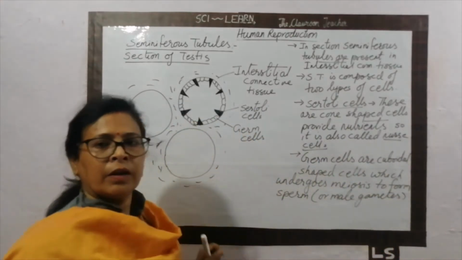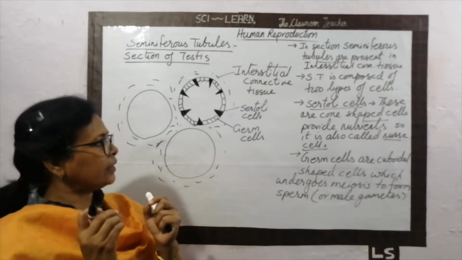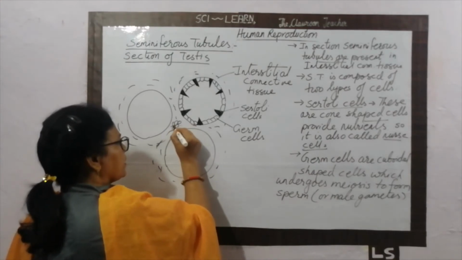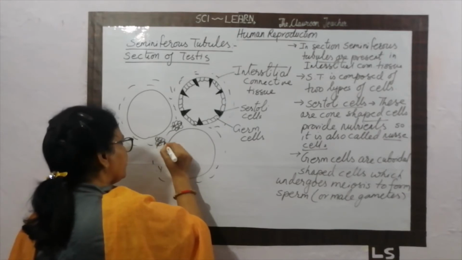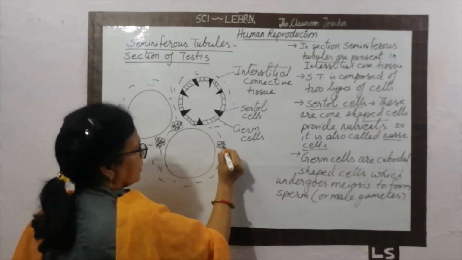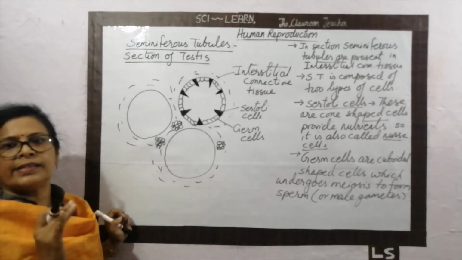Okay, some more structure is present here. In the interstitial tissue, groups of cells are present like this. These cells are other than the seminiferous tubules, but they are present in the interstitial tissue.